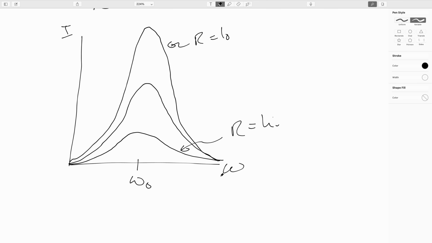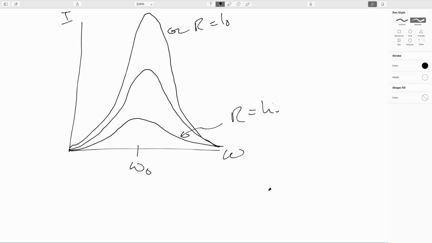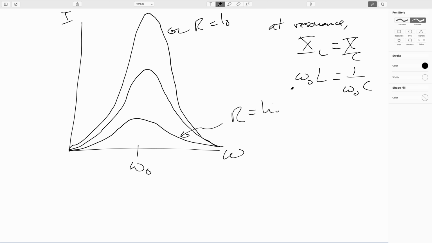So what is this frequency? Turns out it's the natural driving frequency, because the impedance will be as low as it can be when XL equals XC. So if we just say, all right, let's let XL equal XC at resonance, this is omega naught L. This is 1 over omega naught C. So rearrange, we get that our resonant frequency is 1 over root LC, as we saw before.